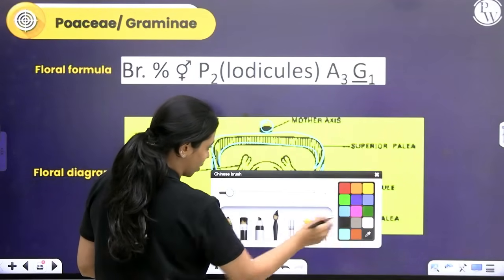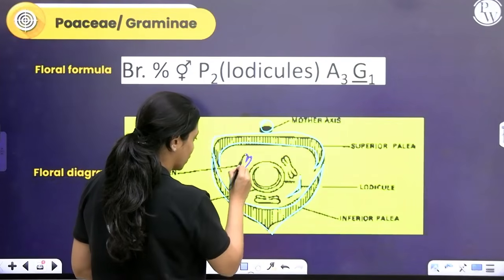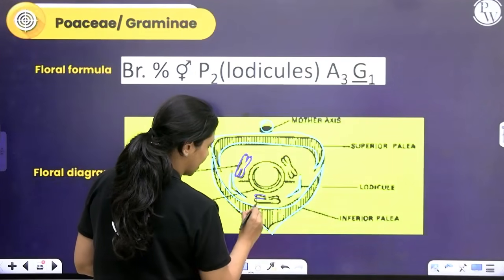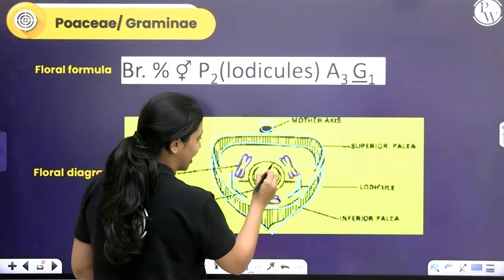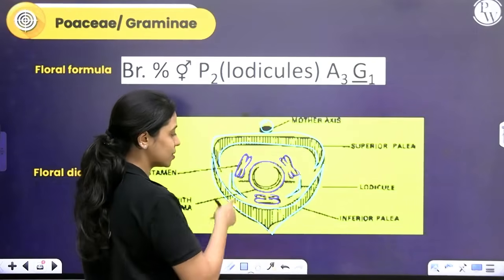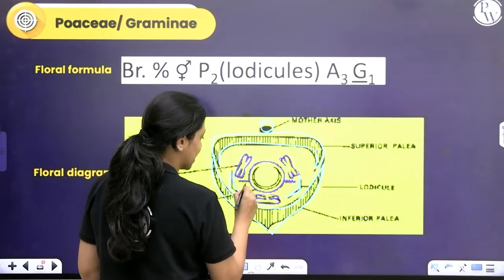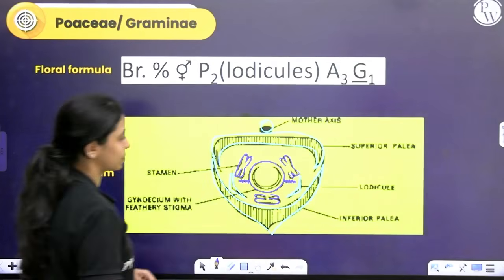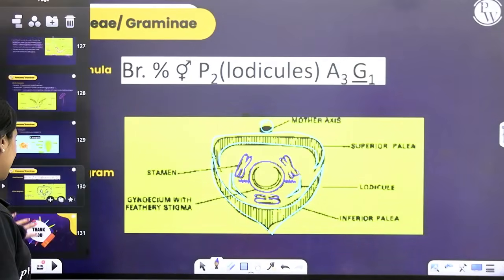What I'm going to draw here in blue is one stamen, another stamen and the third stamen. There are 3 stamens present. At the center you have the gynoecium, single carpel, single locule, single ovule. What you're seeing here represents the feathery stigma. So this is what a floral diagram of Poaceae looks like.